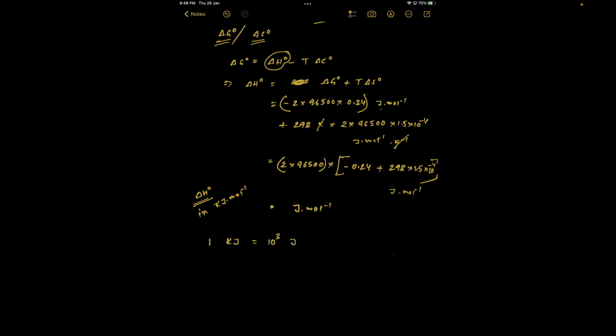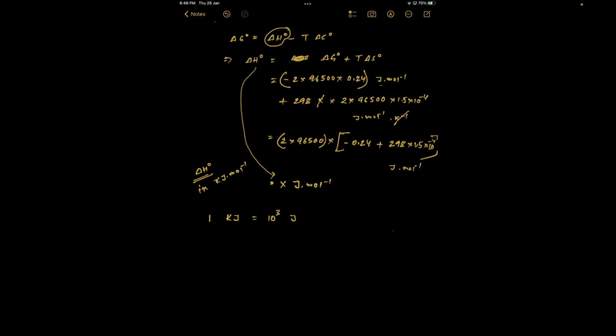Okay, so let's say here by computing this you have got the value of x joule mole inverse. So 1 kilojoule is 10 to the power 3 joule, so 10 to the power 3 joule equal to 1 kilojoule. x joule will be equal to x times 10 to the power minus 3 kilojoule, right? This is the conversion factor. So to convert joule to kilojoule, you have to multiply by 10 to the power minus 3.